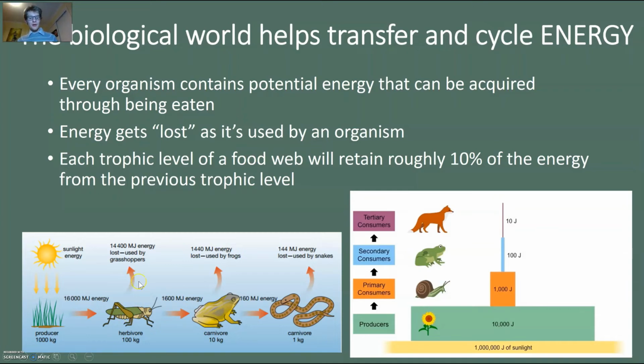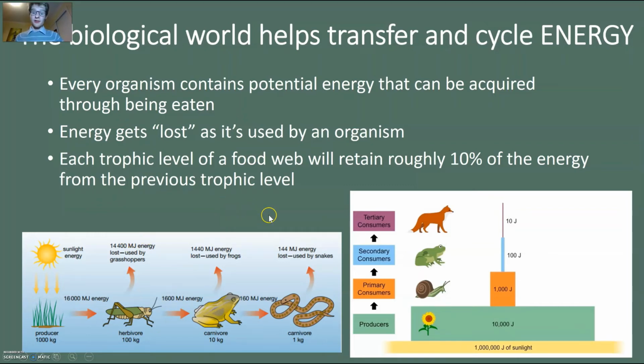So by the time the second-class consumer consumes this one to get its energy, it's actually getting less energy, because the first-class consumer has already used up some of it. Each trophic level will only retain about 10% of the energy from the previous trophic level. All that other energy is lost through heat or just being used up.